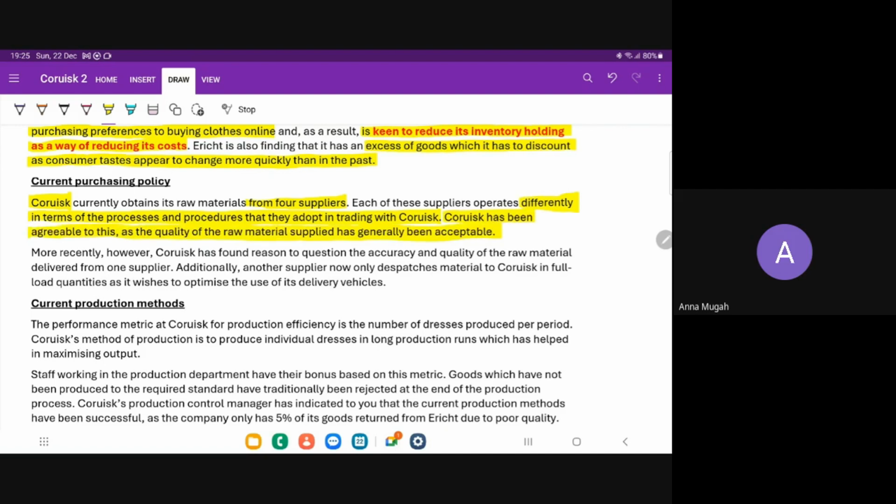Now I'm stopping here, and what I'm asking you to do is try to reread this paragraph and try to identify, is there any problem which you think exists? Is there any problem here? Whatever. This is the first session, and I'm not expecting an extremely good answer. So don't worry about it.